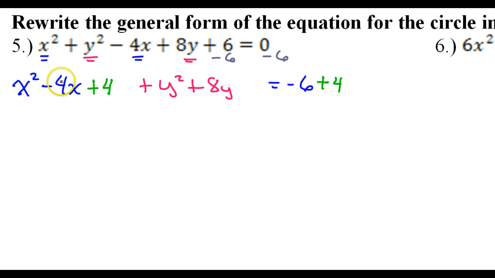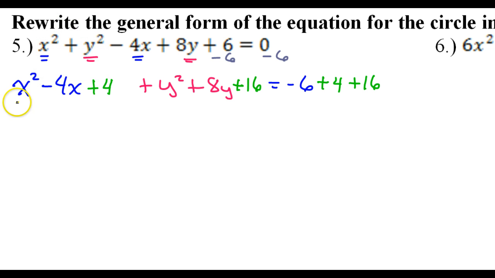Even if you think of this as a -2, -2 squared is still +4. Now, looking at the y's, half of 8 is 4. 4 squared is 16. So I need to add a 16 right here to complete the square, and I also need to add it on the right-hand side of the equation.